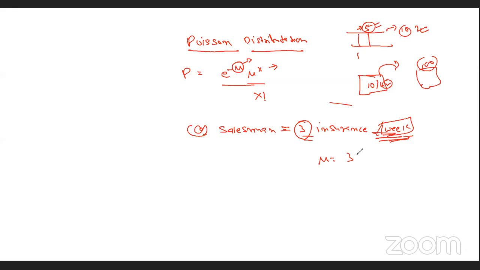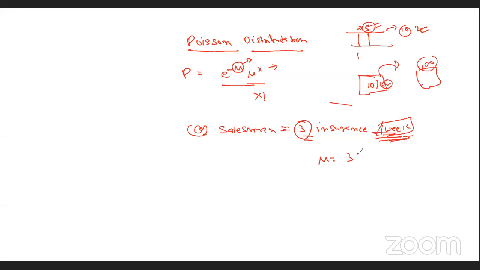So let's try to solve these things one by one. The first question I'm supposed to solve is how many policies he will be able to sell in a given week.